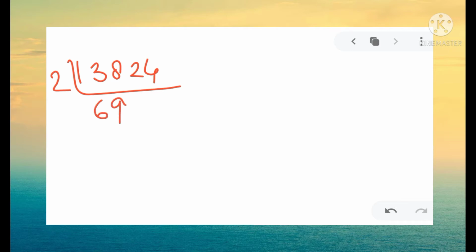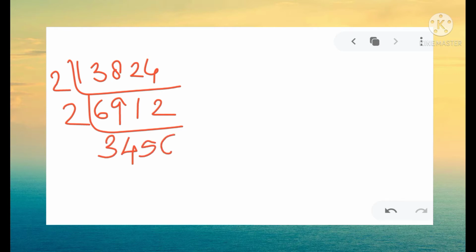Then next one, 13,824. This can be divided by 2. 6 2s are 12, 9 2s are 18, 12. Again by 2, 6,912.